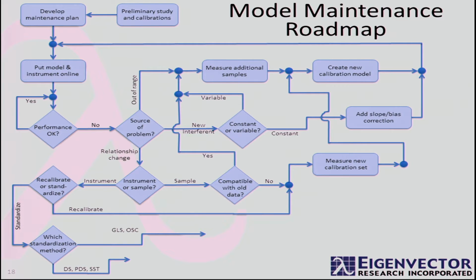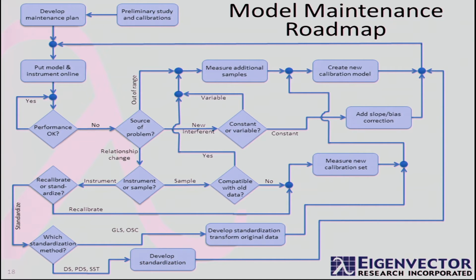If you're using generalized least squares or orthogonal signal correction, then you'd be in this branch, where you'd have to develop your standardization transform on the original data and create that new calibration model up here and back. And then finally here, if you're doing direct standardization, piecewise direct, or subspace transform, you could just develop that standardization transform and bring that all the way back around here and not have to get a new model.